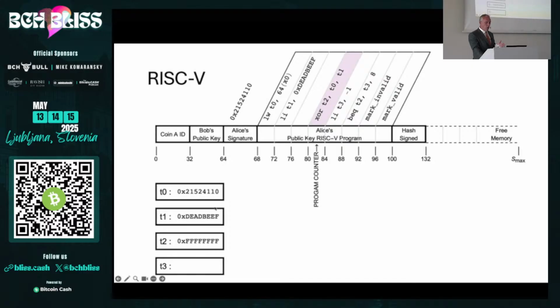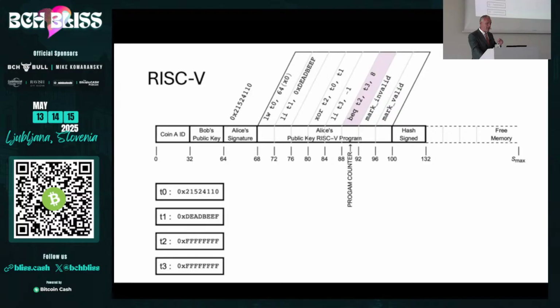Then we XOR T0 with T1 and store the result in T2, which indeed does XOR to all Fs, or all ones in binary. And then we load the T3 register with -1, and -1 is just 0xFFFFFFFF. It's just a quick way of writing that. And then we get to this branch instruction. So this BEQ is branch if equal.